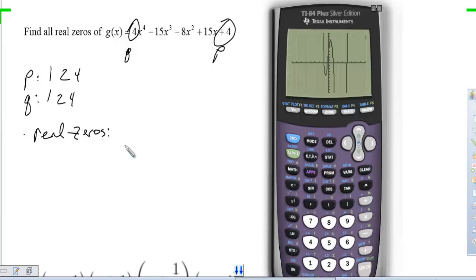And where are all the real zeros? Well, they are a ratio of P to Q. So I have 1 over 1, 1 over 2, 1 over 4. Then I have 2 over 1, 2 over 2, 2 over 4. And then 4 over 1, 4 over 2, 4 over 4.